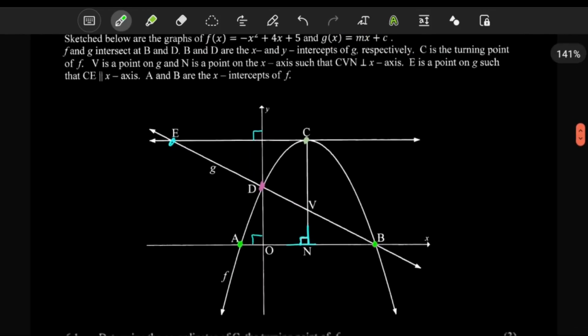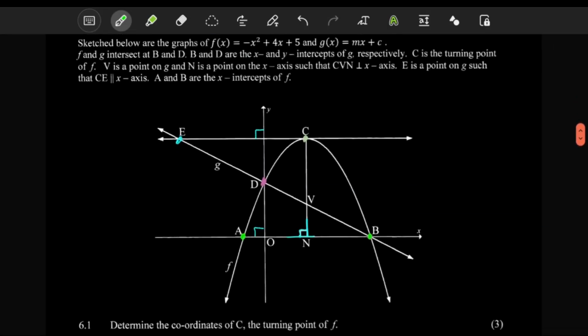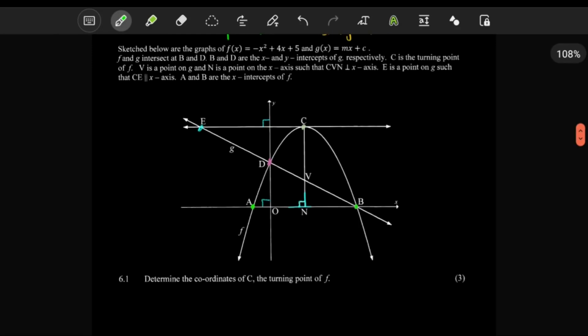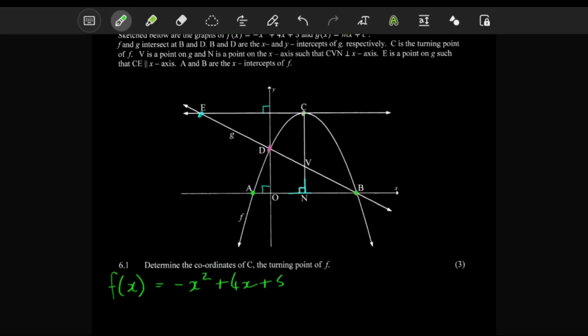We have the full equation of f, so getting the turning point of any graph is simple. All you have to do is differentiate and equate to 0. So here, f of x is equal to negative x squared plus 4x plus 5.